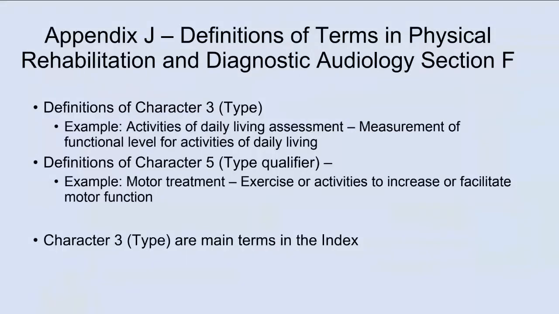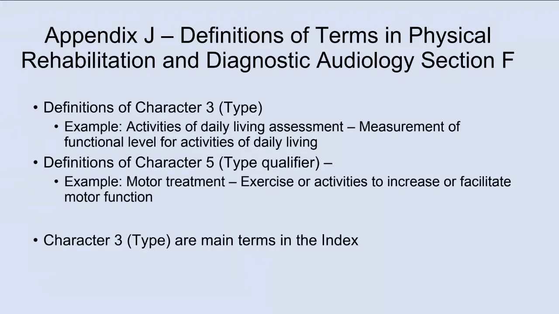Okay, also Appendix J includes definitions of terms for physical rehabilitation and diagnostic audiology. Now, this is a very large section because there's a lot of things in this one section. So it has definitions of character 3, the type, such as activities of daily living assessment, measurement of functional level for activities of daily living: bathing, dressing, cooking, things like that.